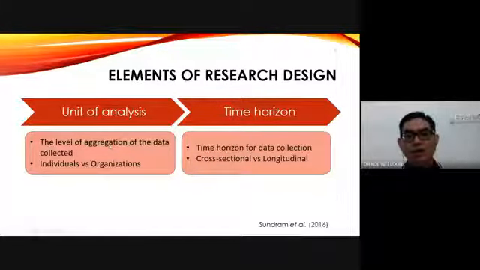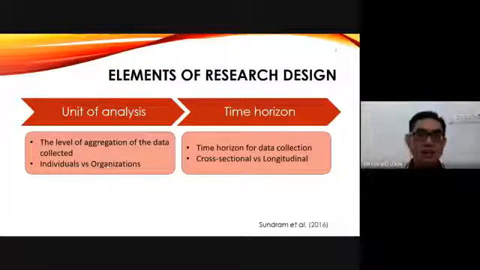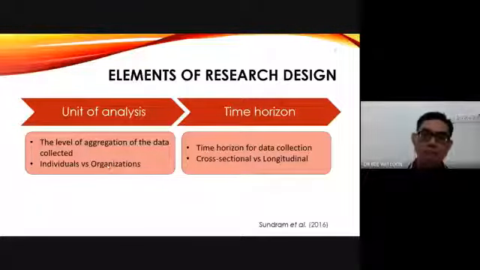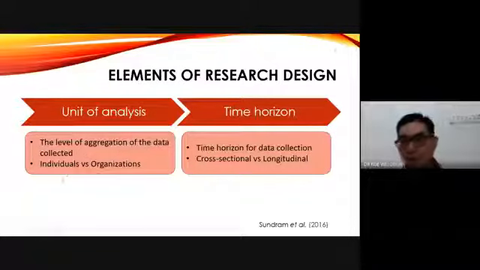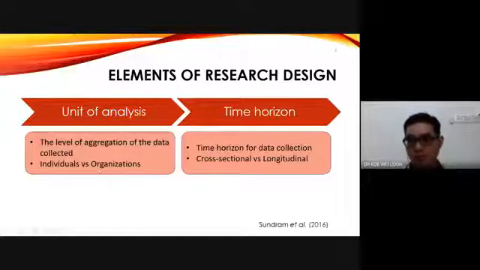But if your unit of analysis is organizations, you have to write down clearly who is the person in the organization that would give you the information. It's either the manager or the person in charge. So normally our research would only involve either individuals or organizations.